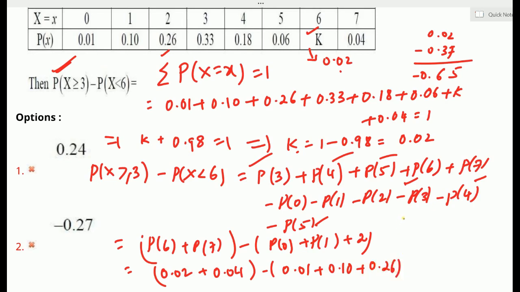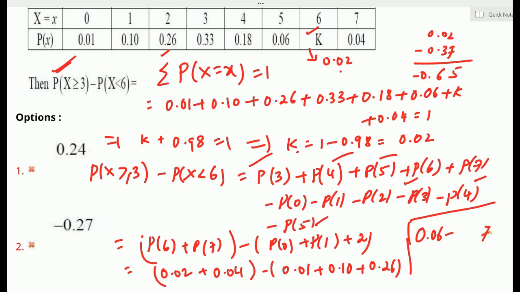Now what is the further simplification? First addition of the 0.02 plus 0.04, that is 0.06, addition part, and then the minus subtraction part. Subtraction we can understand: 0.26, 0.10 and 0.01. First digit 6 plus 1 is 7, right?